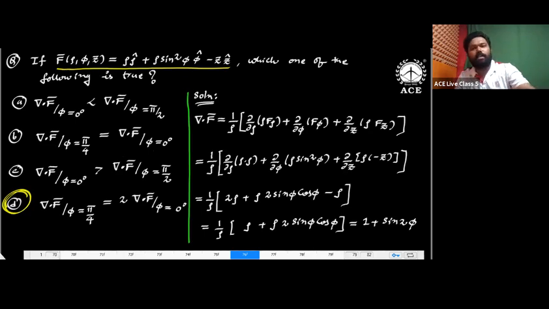So this completes our topic number 1. How many marks are expected from topic number 1? Minimum 1 to maximum 2 marks. Every year there is one question from vector calculus. Try to understand the gravity of 1 mark and 2 marks.